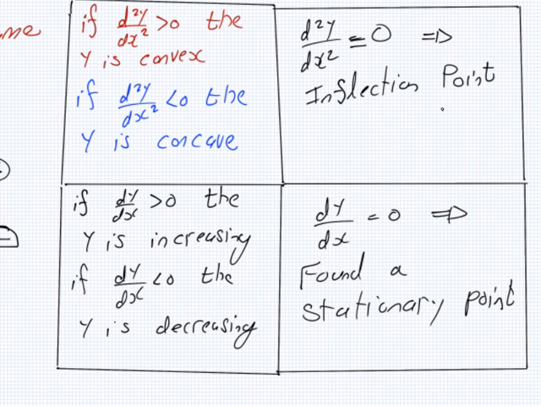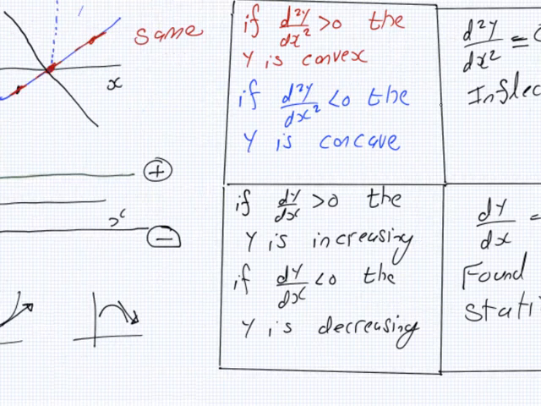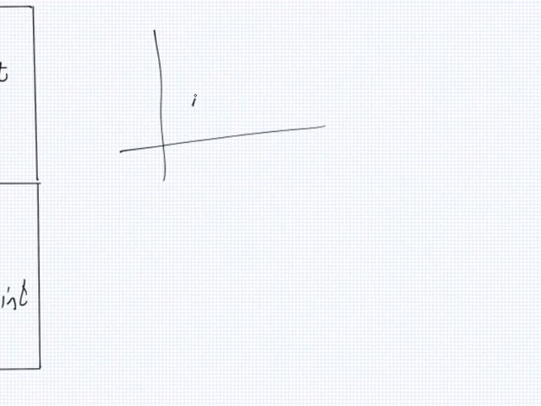What is an inflection point? Let me show you on the graph over here. What shape is this? Convex or concave? Concave. So its second derivative is negative. And what shape is this? Convex, and its second derivative is positive.